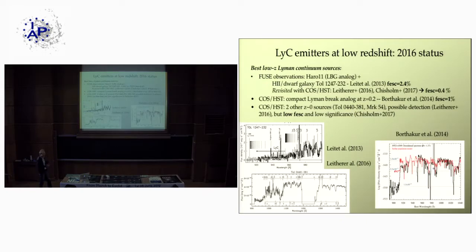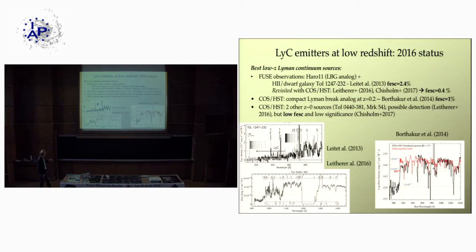What has been done so far at low redshifts, or before 2016, could be summarized, or at least the detections could be summarized, on this slide here. They were basically looking at very low redshift galaxies, redshifts well below 0.1. There have been some detections where a very weak signal has been claimed, even with HST, but really very few sources.